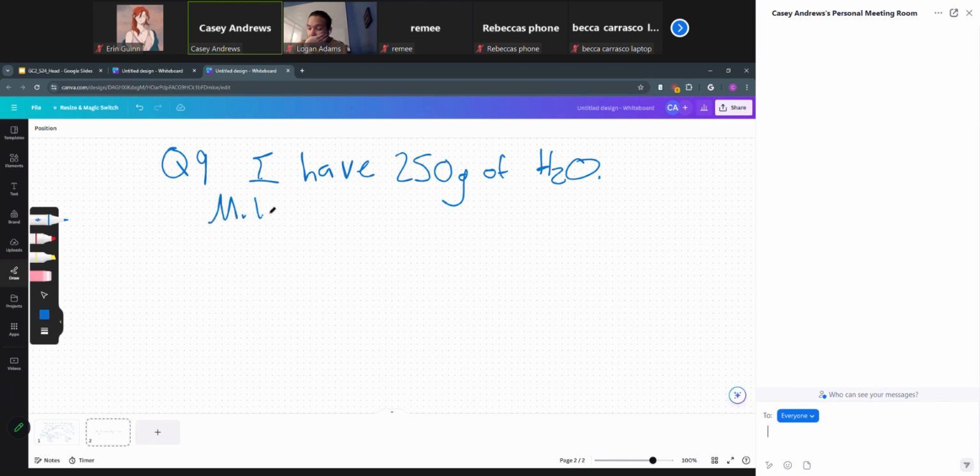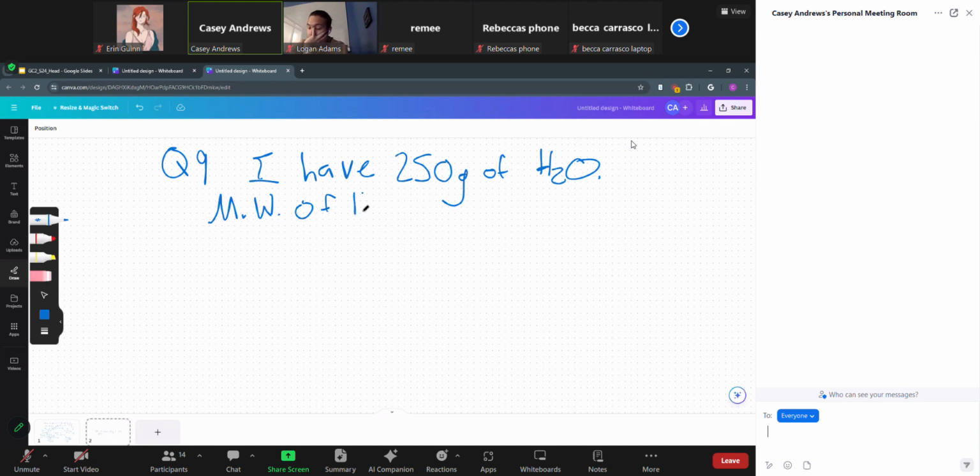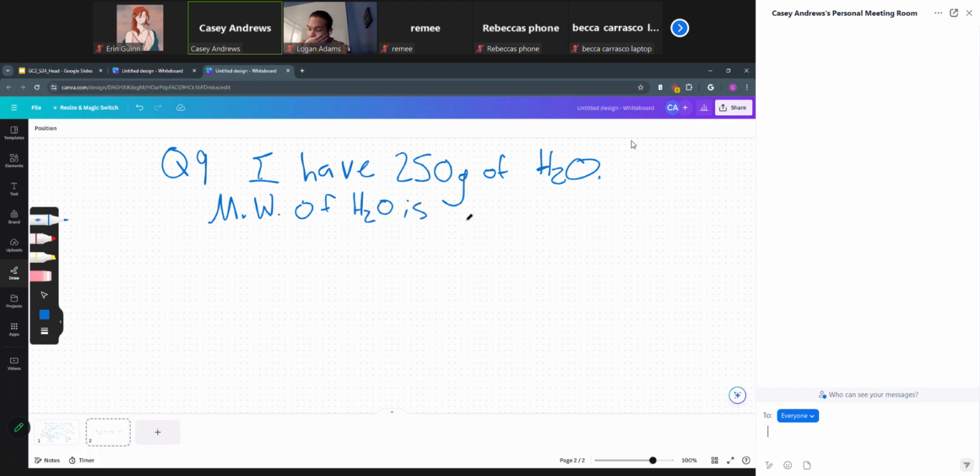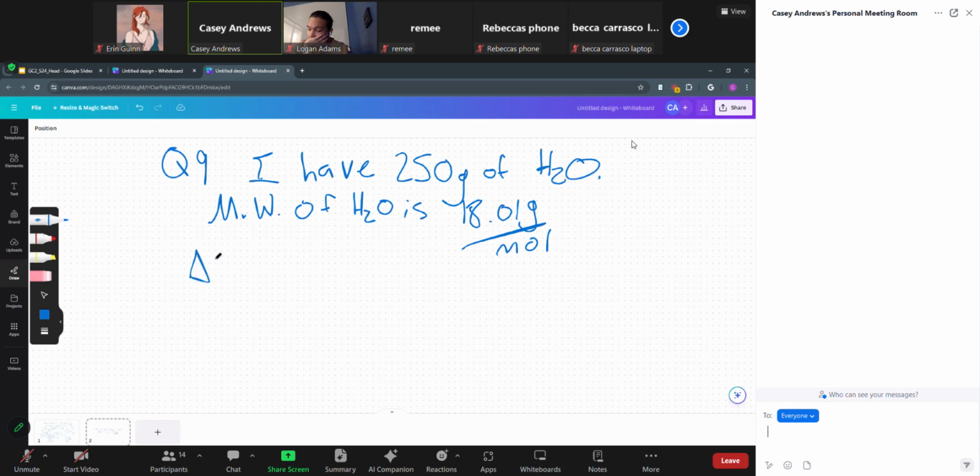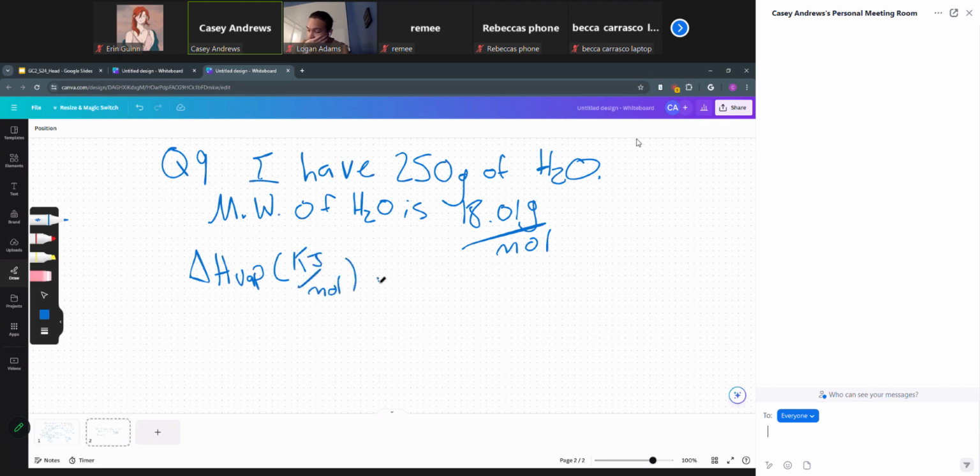The molecular weight of water is 18.01 grams per mole. The delta H vaporization of water, which has a unit of kilojoules per mole, is 40.7. The question is, how much energy do I need to vaporize this water?